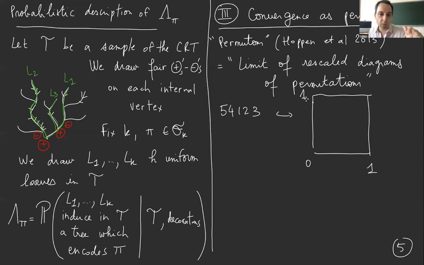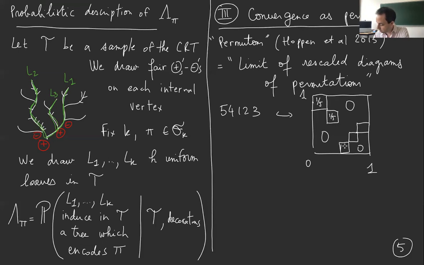So I put a mass 1 over n, so 1 over 5 in this case, on every square of size 1 over n times 1 over n, which corresponds to a point in the permutation. So here, 5, 4, 1, 2, 3. So I put probability 0 here. And here I put uniformly in this small square a probability 1/5.